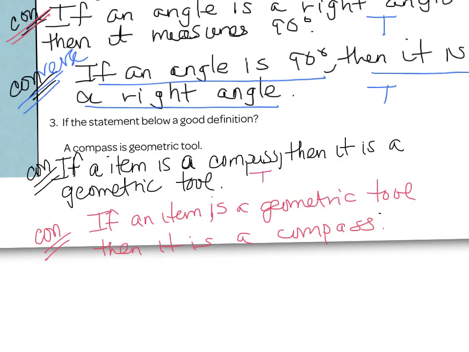But the converse says, if an item is a geometric tool, then it is a compass. This is false, because there are other geometric tools like rulers, like a writing instrument, like a pencil, like protractors, all geometric tools. So this is not a good definition.